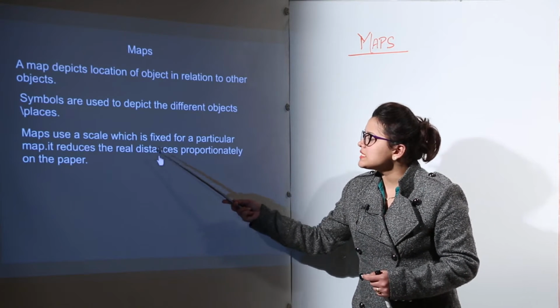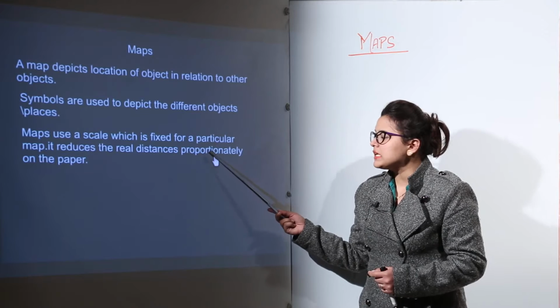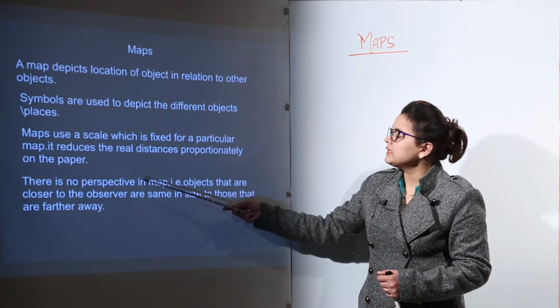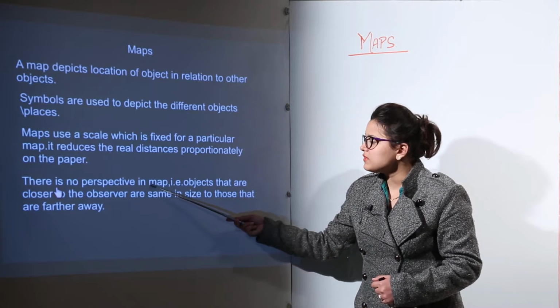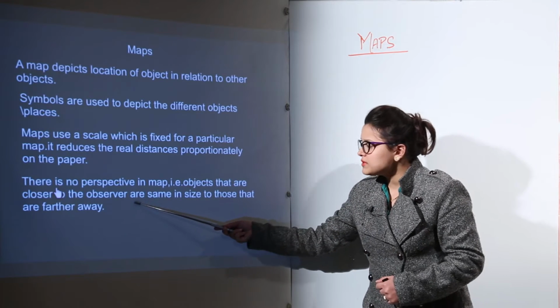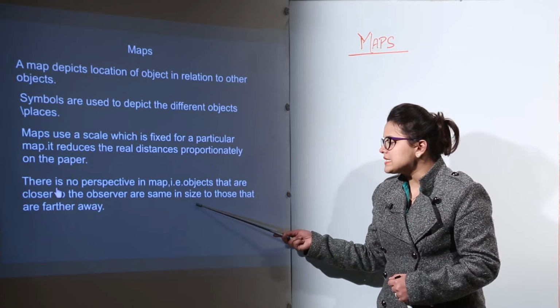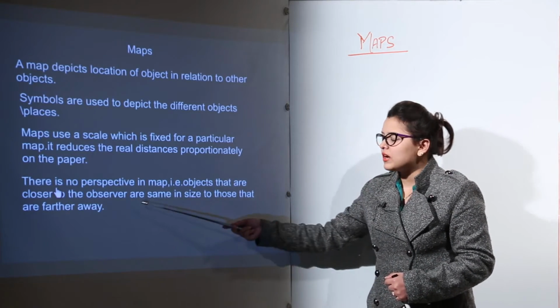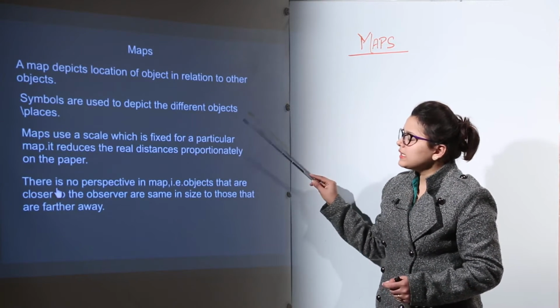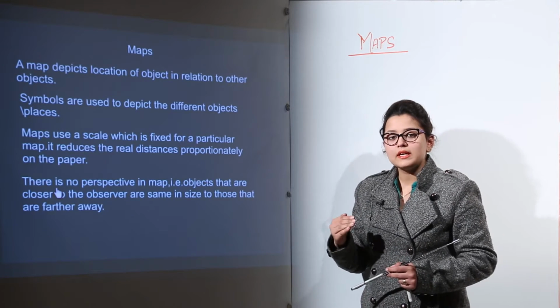Because it reduces the real distances proportionately on the paper. And we have one more property, that there is no perspective in a map. That is, the objects that are closer to the observer are the same in size as those that are farther away. Now, with all these four properties, let us discuss in detail what maps actually are.